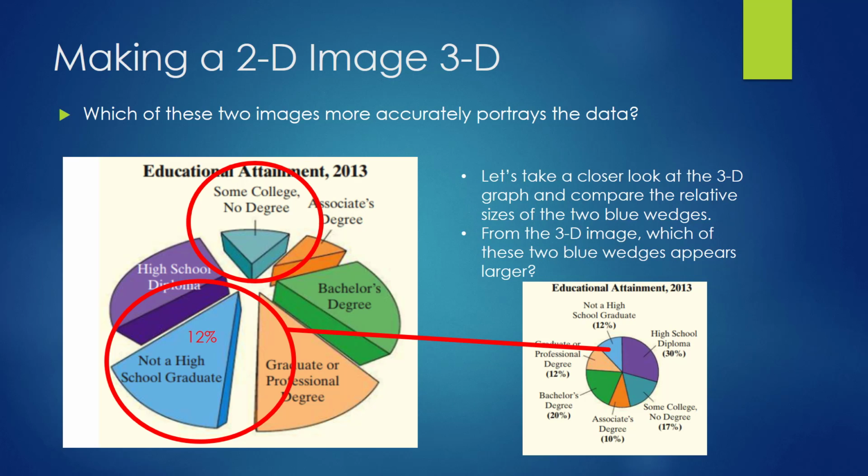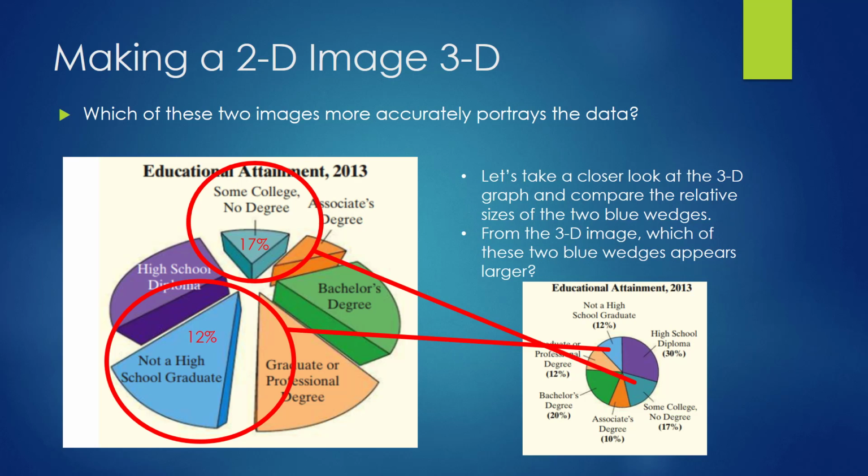When we look at the two-dimensional image, we can actually see that not a high school graduate represents 12% of the pie, whereas some college no degree represents 17% of the pie. However, because of the forced three-dimensional perspective, it would appear that not a high school graduate was actually a much larger wedge.